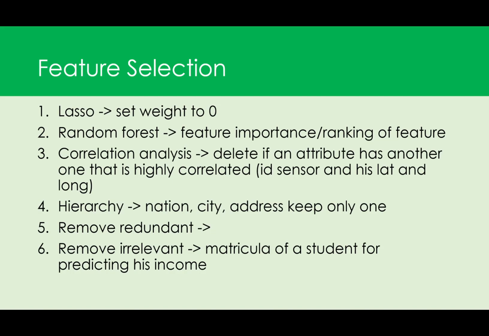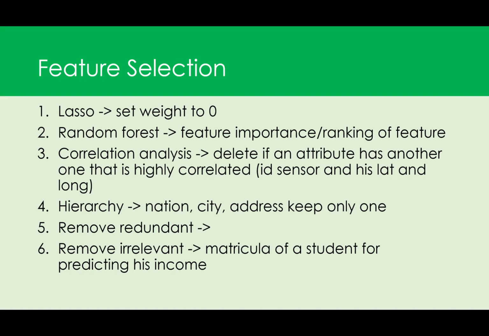Then feature selection. For feature selection we have lasso, which automatically sets some weights to 0, so it basically eliminates some features. Random forest has a feature importance characteristic and a ranking also. We can also run correlation analysis to see if we have two highly correlated inputs, and we can decide to drop one of them.